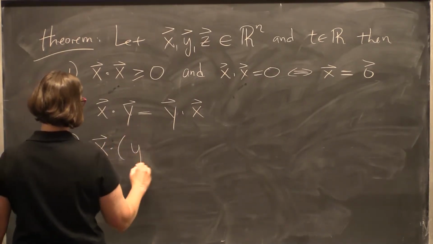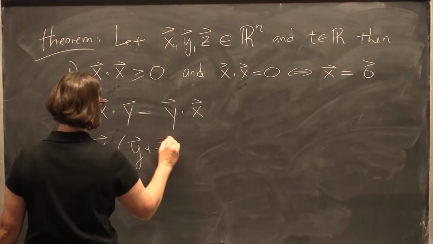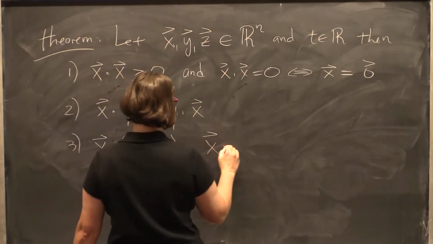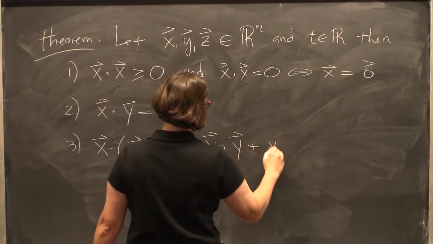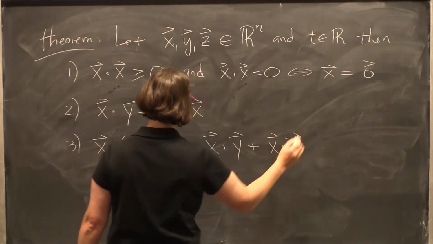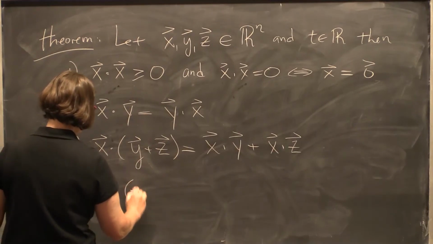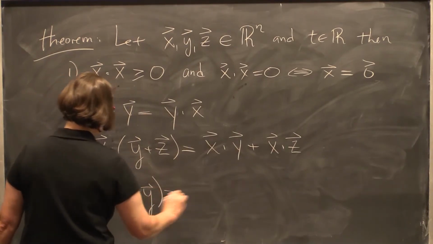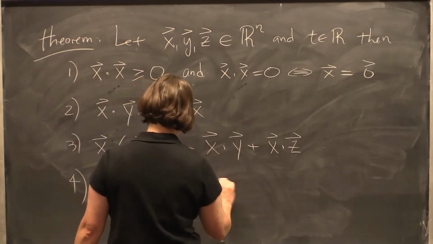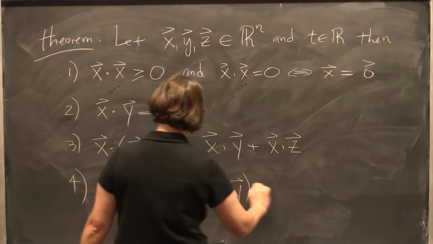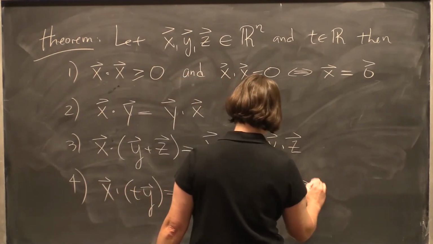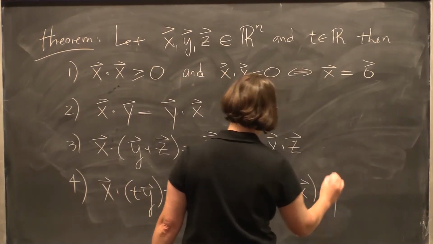x dot (y plus z) is equal to x dot y plus x dot z. And finally, x dot (t times y) is equal to t times (x dot y) is equal to (tx) dot y.